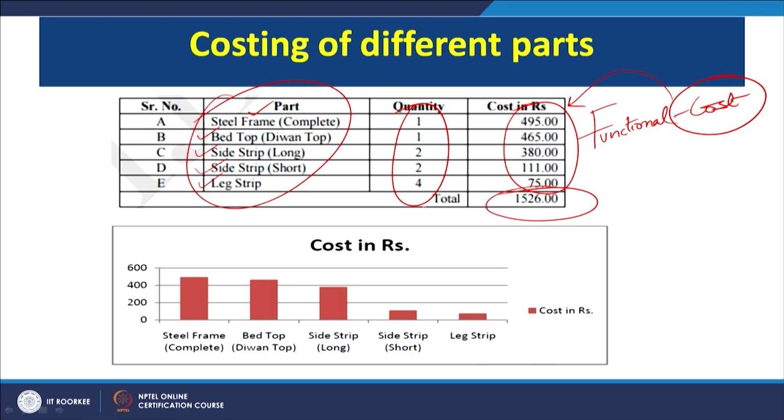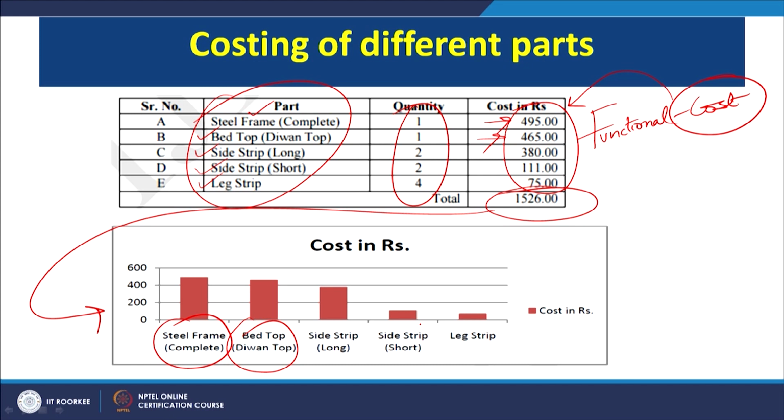We can see the distribution of the cost: the steel frame is contributing the maximum, that is rupees 495, then the bed top, that is the divan top, 465, and similarly we can see the cost for each and every component.